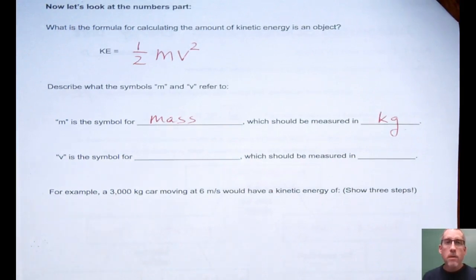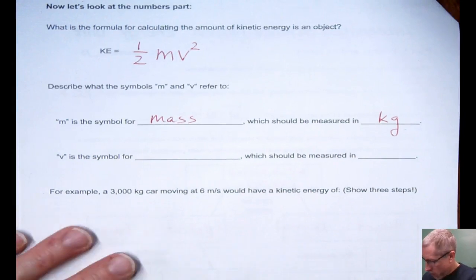That's because I want my units of energy to come out in joules, and if we want joules, everything has to be measured in kilograms. Kilograms is a convenient unit for big objects, things like cars and people. But on a smaller scale, you might have something measured in grams, and you would need to turn it into kilograms through a conversion. We'll talk through that when it's time.